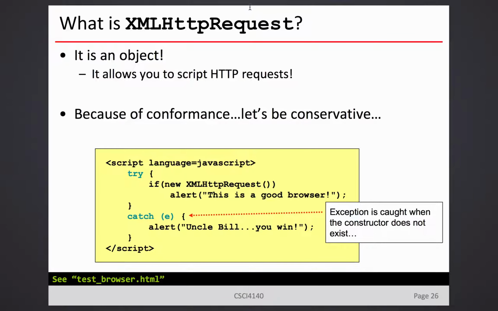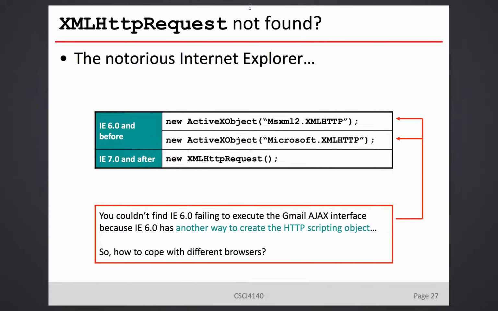Usually you have IE6 because you have the XP installer, and after you install XP, then immediately you get IE6, but it will tell you to upgrade to IE7 and IE9, and so on and so forth. All right, so IE6 fails. By the time that we have IE6, actually they don't have XML HTTP requests. They have two other objects.